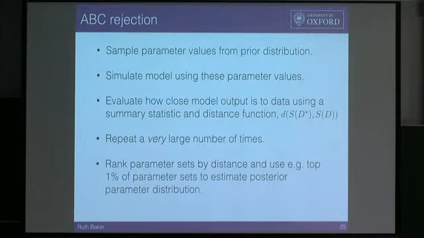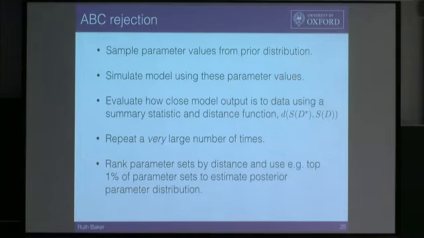Okay, just quickly, because I don't think we've had too much talk about ABC, what am I going to do? I'm going to have prior distributions for both my motility parameter and my proliferation parameter. Effectively, these are uniform distributions, and they encompass what we think is biologically feasible.